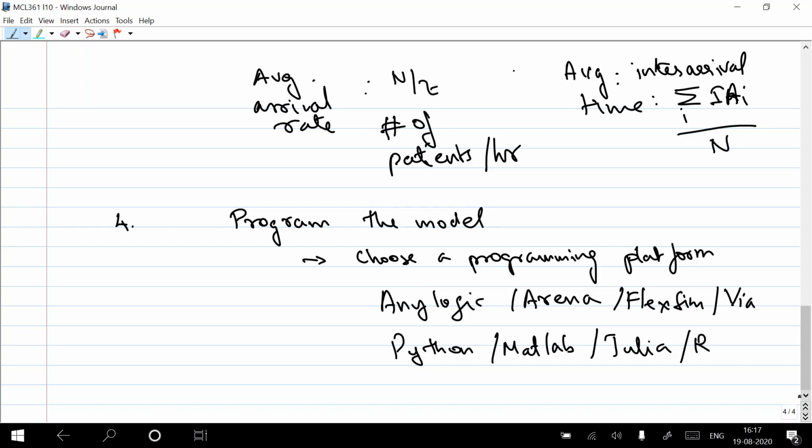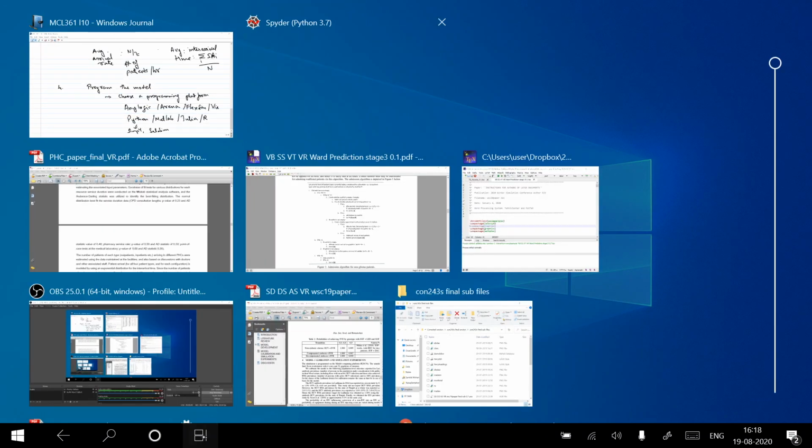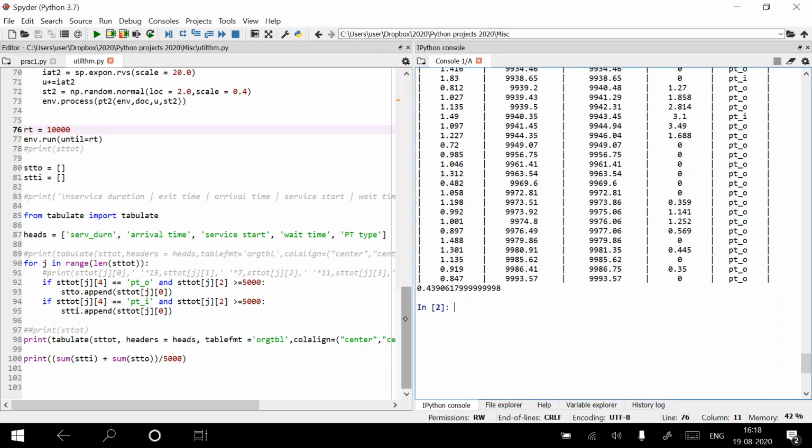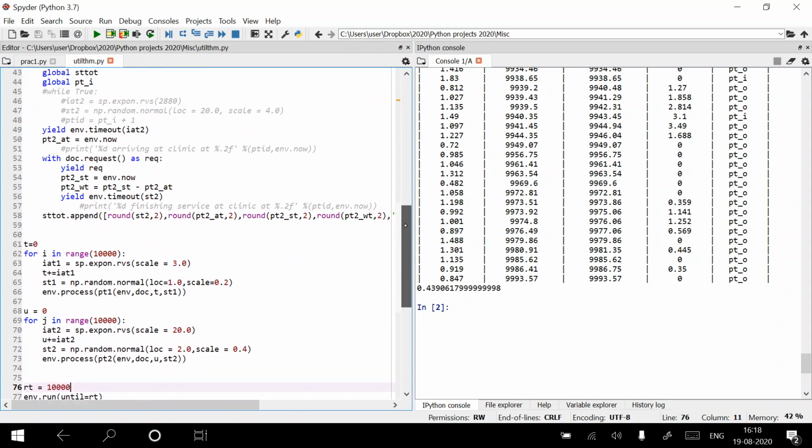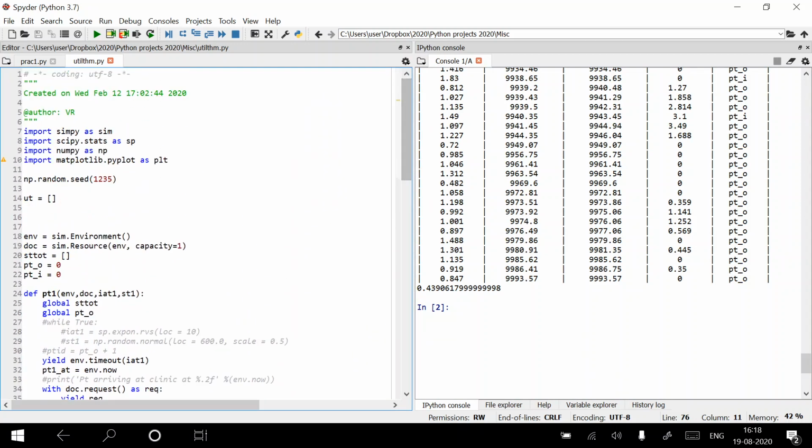Okay. In Python you have various simulation packages called SimPy, Salabim, and so on. So I am familiar with SimPy. So you can see that I'm actually using SimPy here. Right, so import simpy as sim, but the Salabim as well, and so on, right?